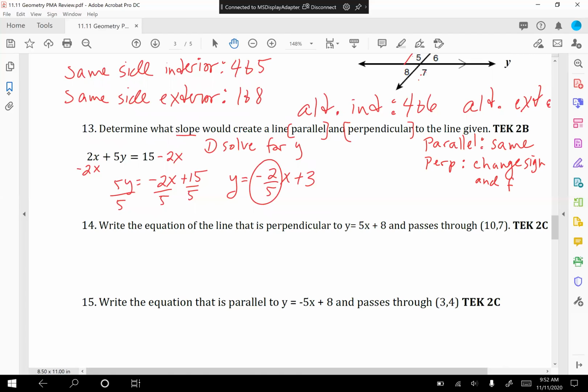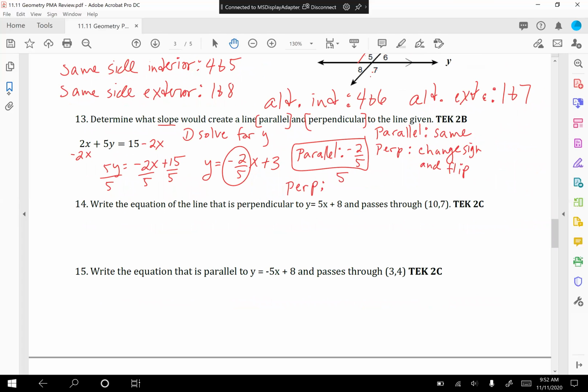Remember, it's called opposite reciprocals. But you change the sign on it and then you flip it upside down. So for this case, parallel, it would just stay as negative 2/5. And then perpendicular, well, right now it's negative, yes. So it's going to become positive, and then you take that 2/5 and you flip it upside down, and you get 5/2.